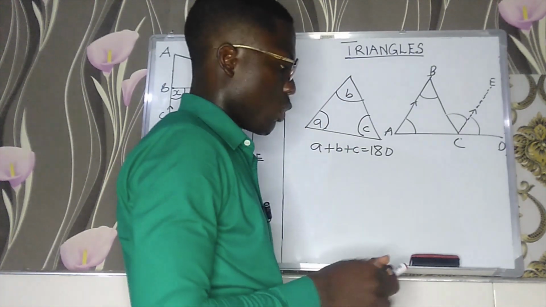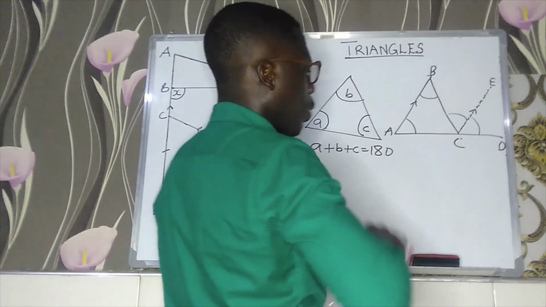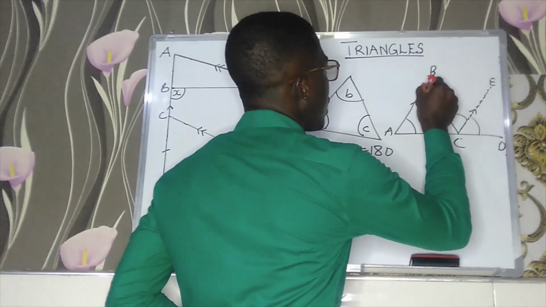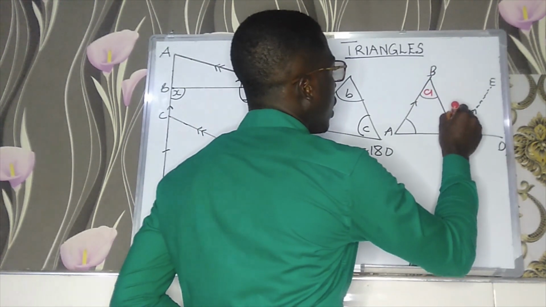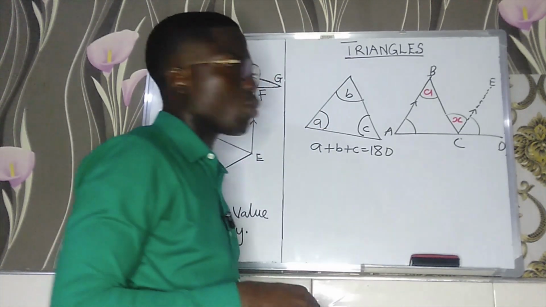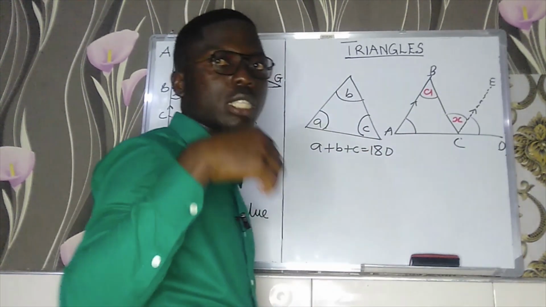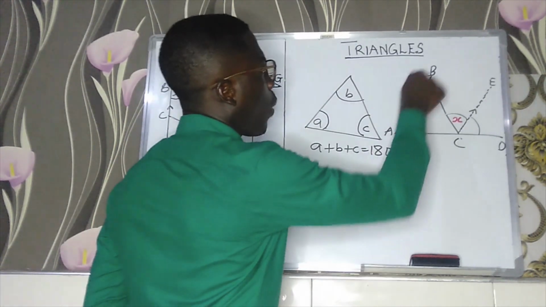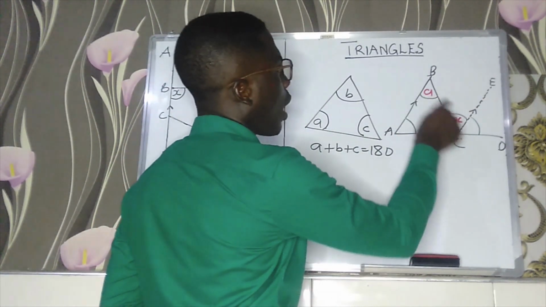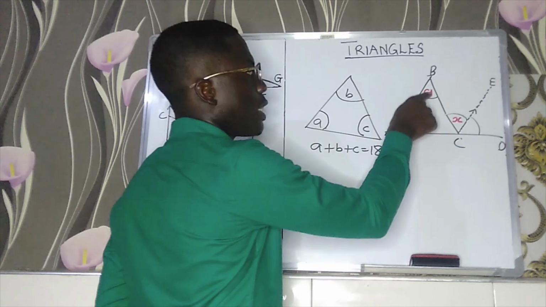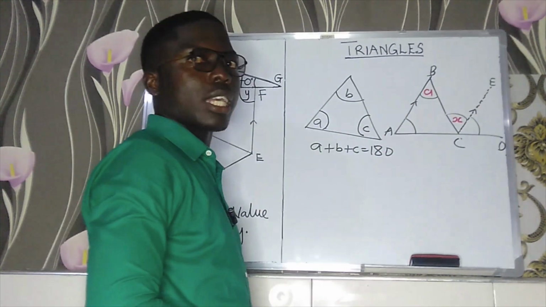So we could realize that the angle formed here, which is A, will be equal to X because we have the Z shape. In our previous video, we went into this. Whenever I have the Z shape, we say they are alternate angles. So this A is equal to this X.